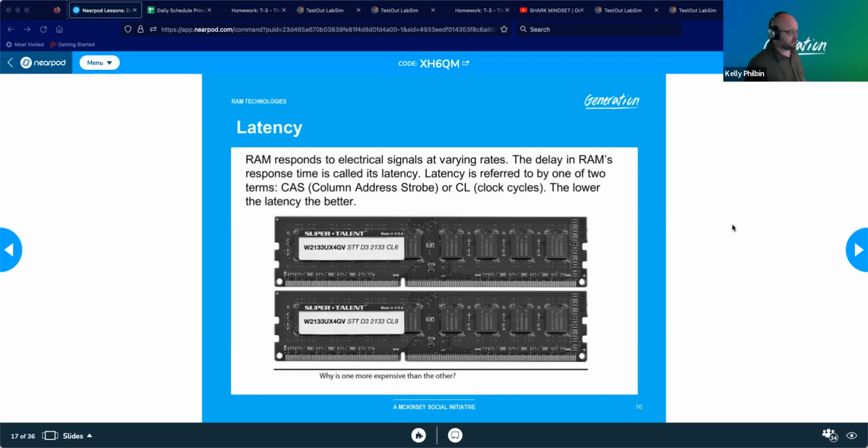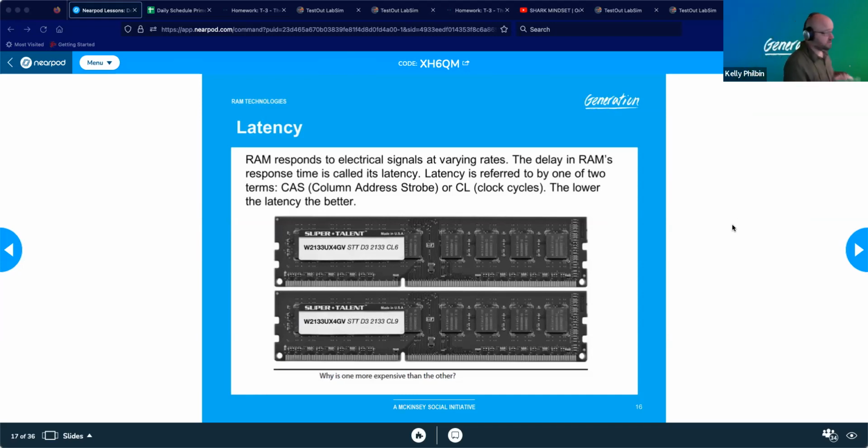And PC speed rating, we want the highest number possible, right? But for delay, we want the lowest number possible. You know, we don't want to go for more delay. So think of that number as basically, it's not exactly it, but the amount of time it's going to be delayed. So the higher that number, the more delay you'll have before the memory module can respond. The lower, the faster it reacts.